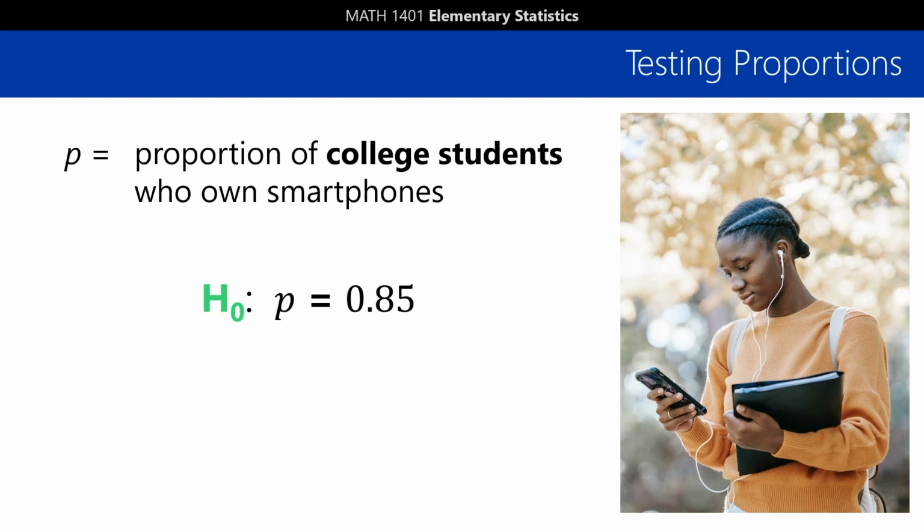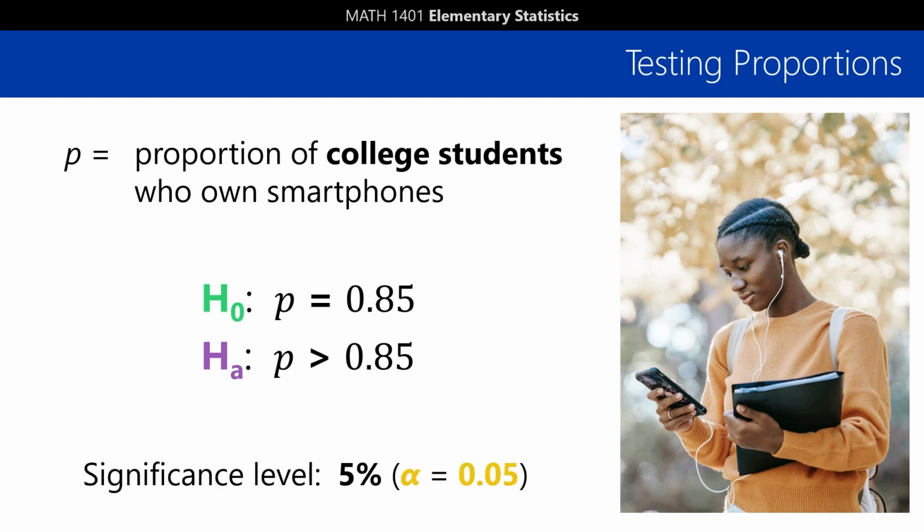The null hypothesis is that the proportion for college students matches the proportion for the whole US, that there's no difference. And the alternative hypothesis represents your hunch, that the proportion of college students who own smartphones is greater than 85%.